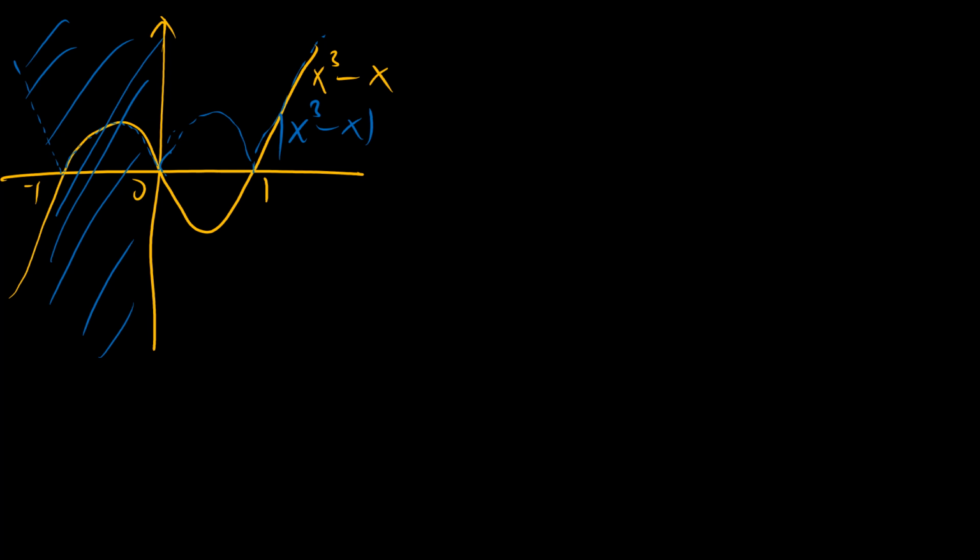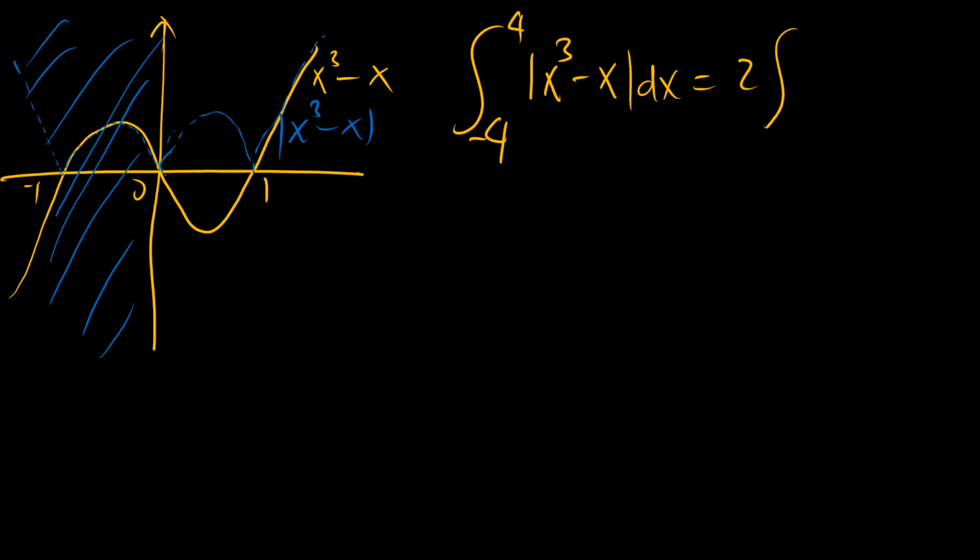So essentially what we can do now is to say that the integral from negative 4 to positive 4 of the absolute value of x cubed minus x is the same as twice the same integral from 0 to 4, because these shapes are the same, just a mirror image of each other.